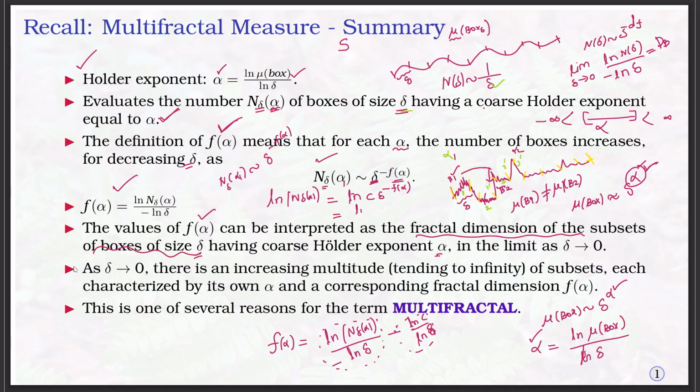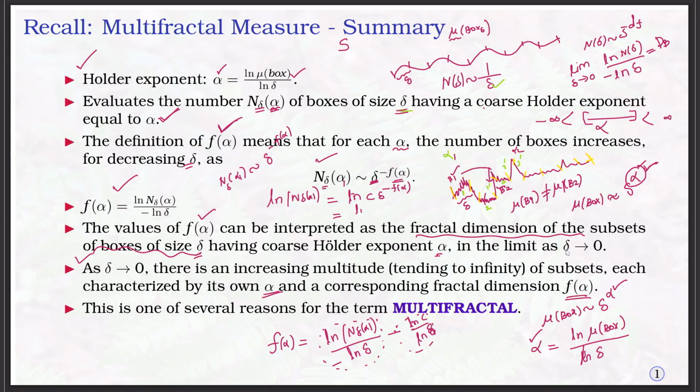One can observe that as delta tends to 0, there is an increasing multitude, maybe infinite, of subsets, each characterized by its own alpha and a corresponding fractal dimension f of alpha.